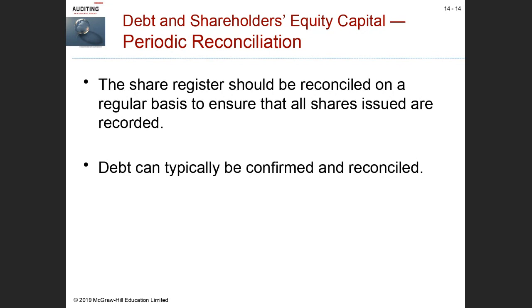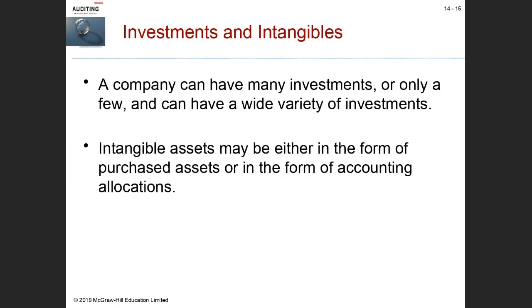Once they write back to us and say, you owe us $50 million, we reconcile that number to our financial statements in terms of what we say that we actually owe. If there's a difference, we have to account for it. If they're the same, no problem. But reconciliation to that external source of information is another control. It helps to ensure the accuracy of the number in our financial statements.